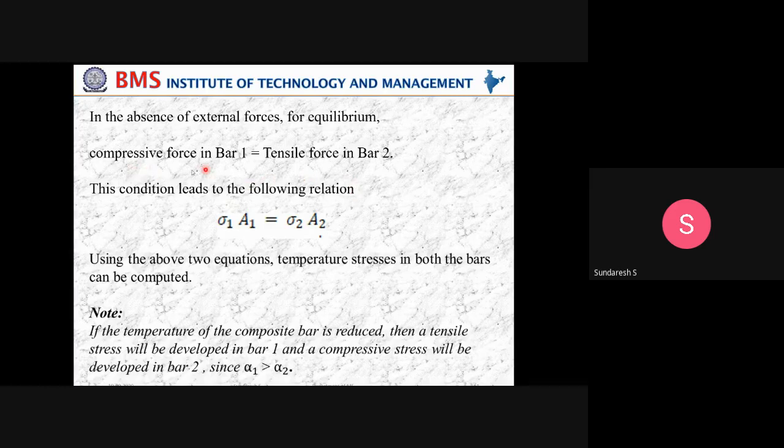So the compressive force in bar 1 can be written as sigma 1 into A1, which is equal to sigma 2 into A2. This is another equation which is very useful for us in calculating the values of sigma 1 and sigma 2. So how can we make use of these two equations?